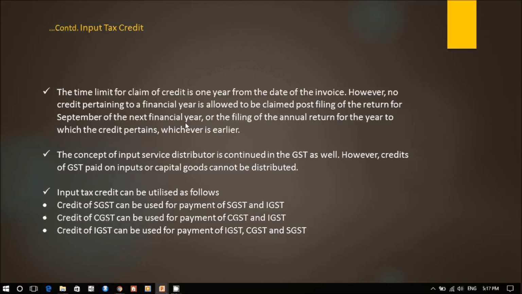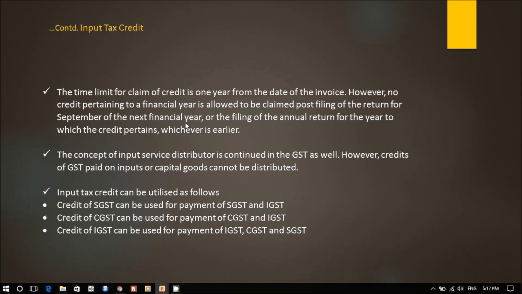What does it mean? It says that you would not be able to take the credit if the return of the September month following the financial year has been filed.